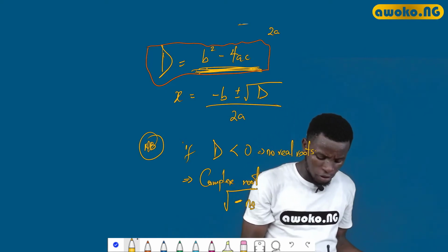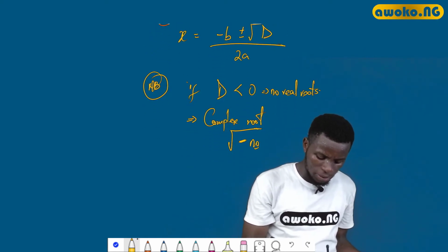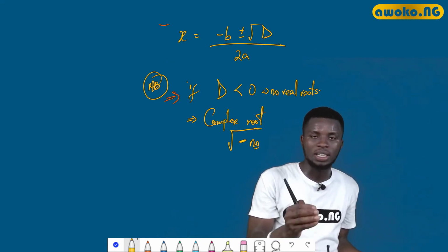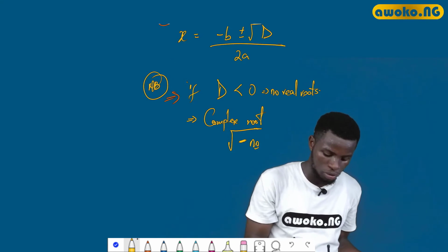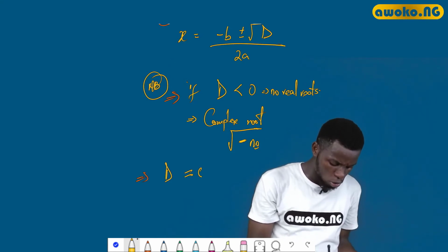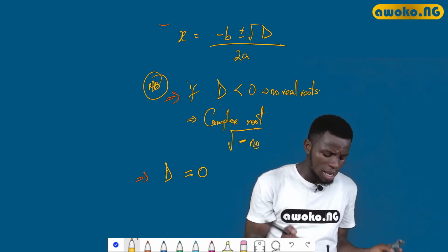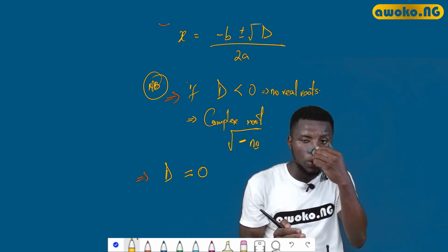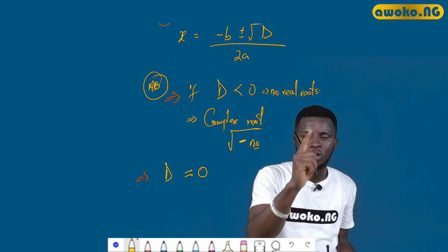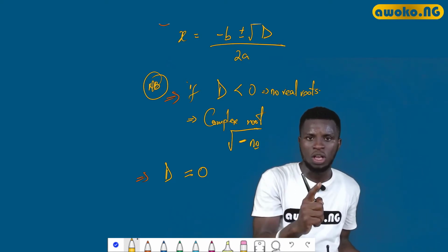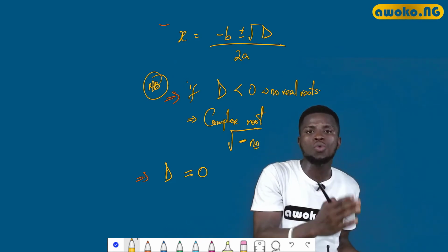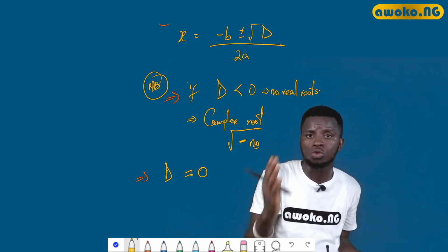Okay, this is the first case: if d is less than 0, then there is no real root. Now, what if the discriminant d is equal to 0? Then there is just one root for that particular quadratic equation, such that if you solve it, you have x equal to, probably, 2, and x will also be equal to 2.